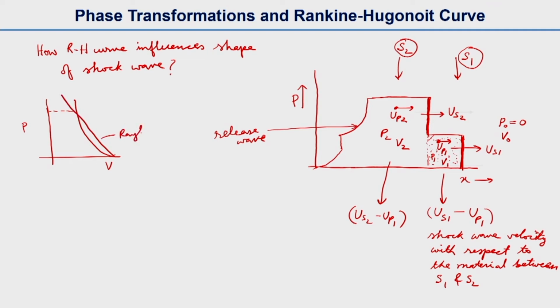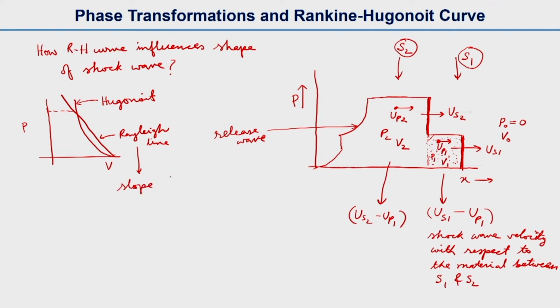So this is the Rayleigh line, and this one is our Hugoniot curve. The slope of this Rayleigh line is important to us.